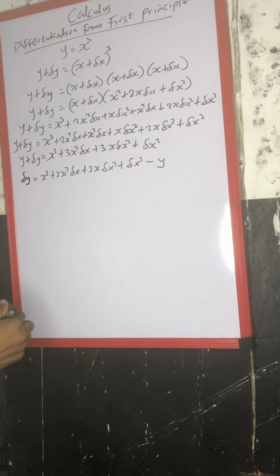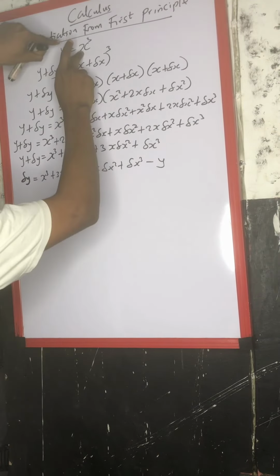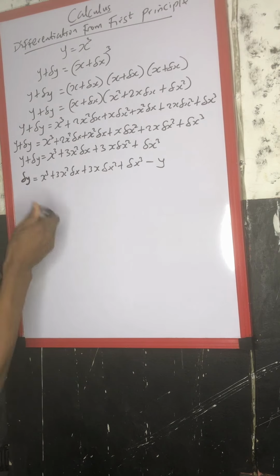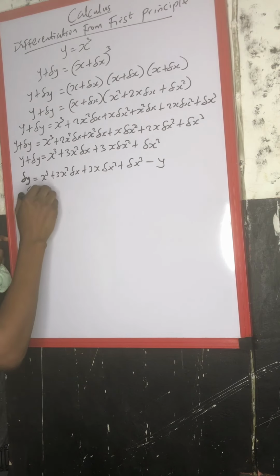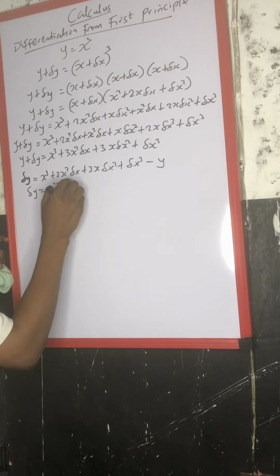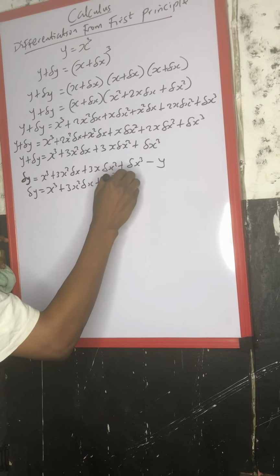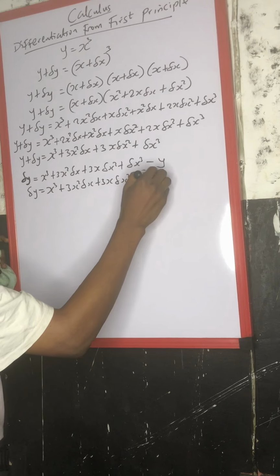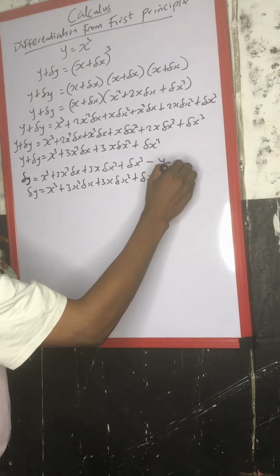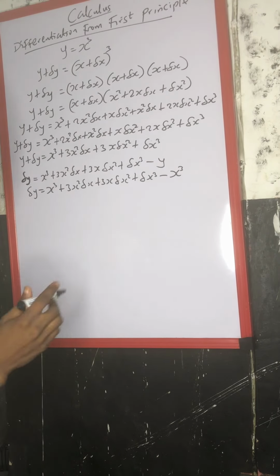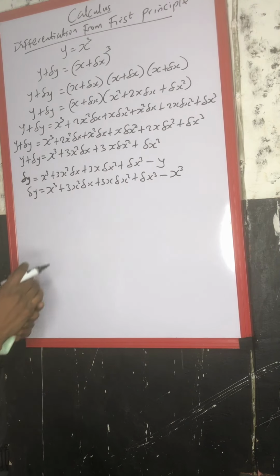Y. And you know what y is? Y is s cubed. So it becomes changing y equals s cubed plus 3s squared changing x plus 3s changing s squared plus changing s cubed minus s cubed.